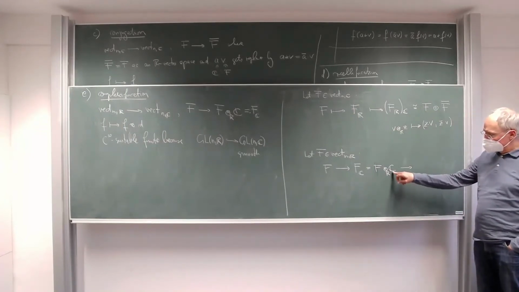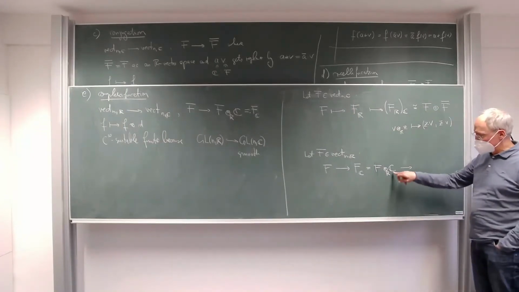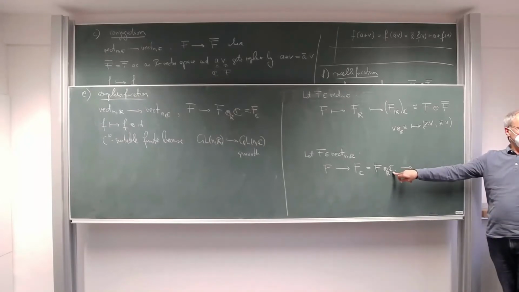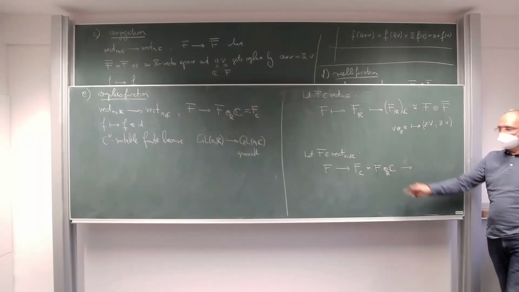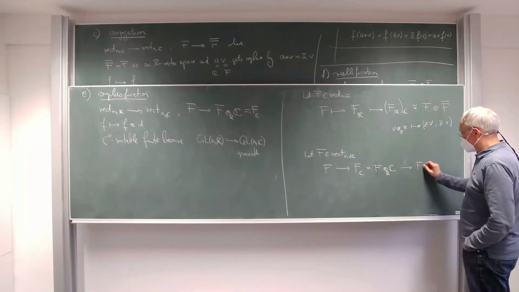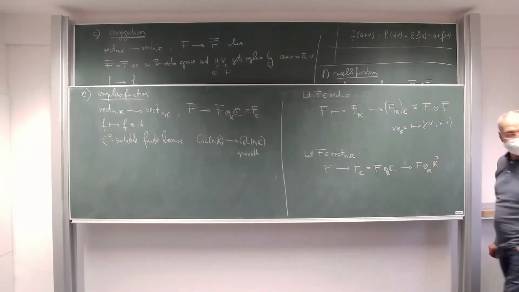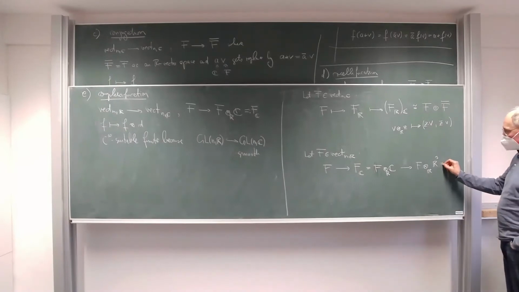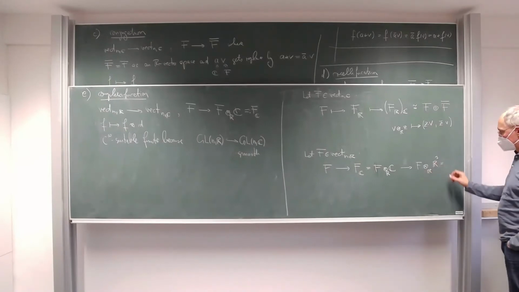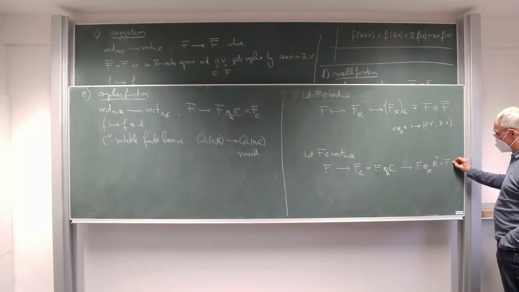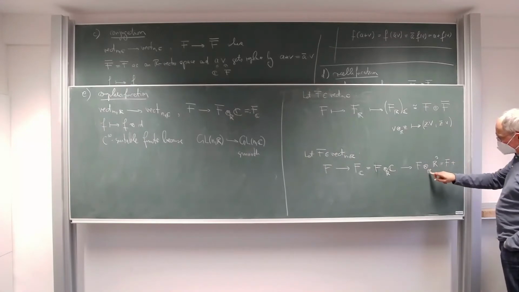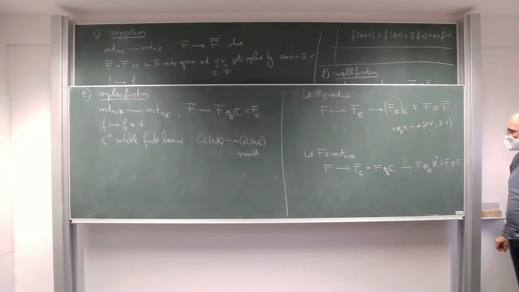So the complex multiplication is only in this part. So forgetting the complex structure in C means I have to replace C by R^2. So then this gets mapped to F tensor over R with R^2. And this is obviously canonically isomorphic as a real vector space to F tensor R over R, but that's just F plus the same thing again. So I just get 2 copies.